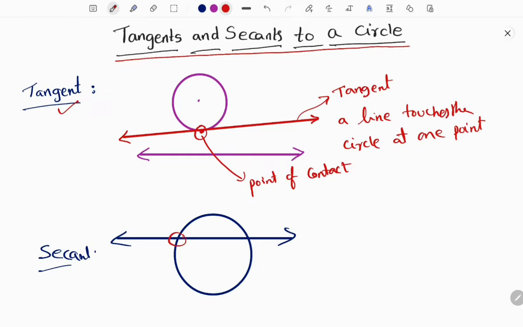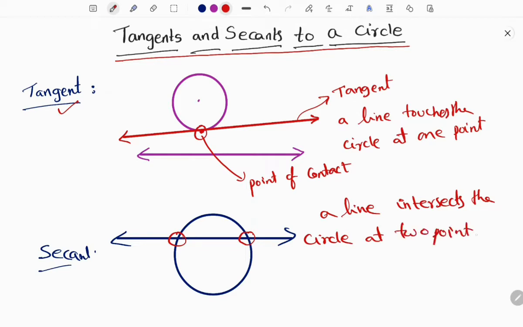Means a line intersects the circle at 2 points. So that line is called what? That line is called a secant.